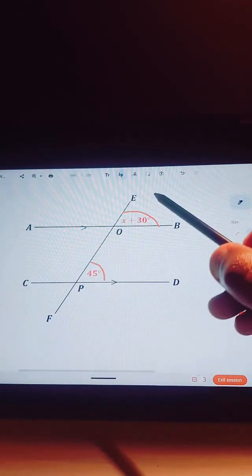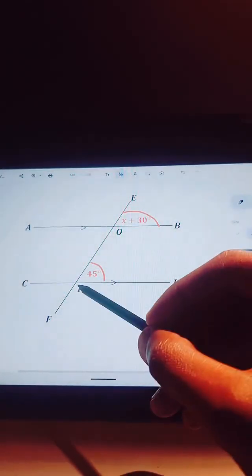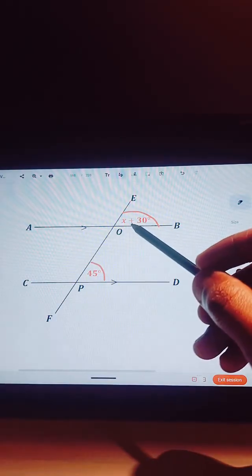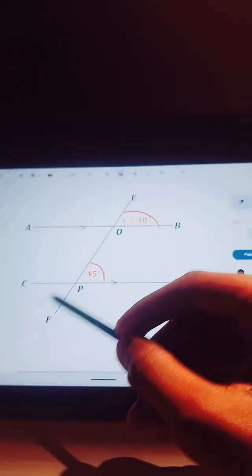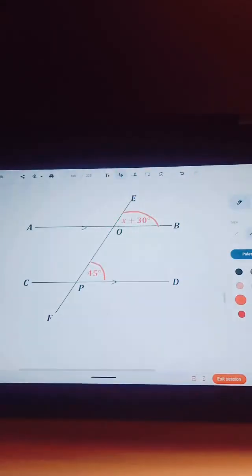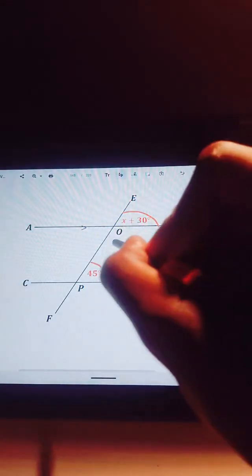Okay, so x plus 30, on top, above this line on the same side of the transversal line. So the F shape on top, on top, that's corresponding. So yes, we can say x plus 30 degrees equal to 45.